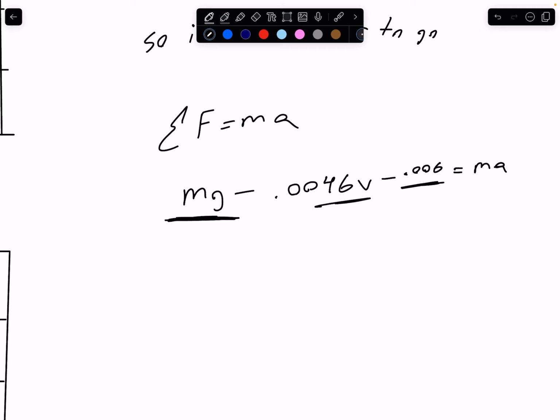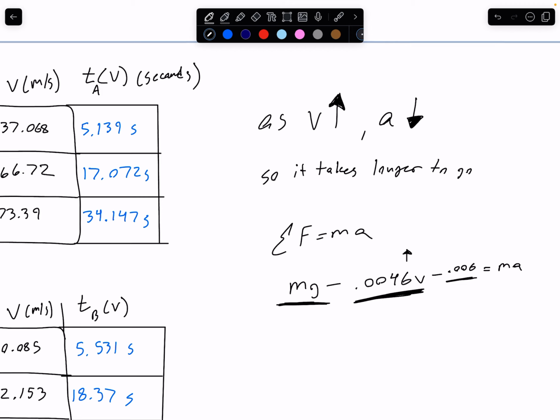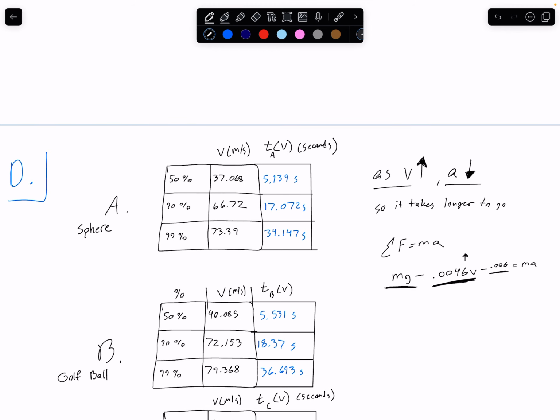As velocity increases, the left side ends up getting smaller. If the left side gets smaller, then once you divide by the mass, you'll realize that the acceleration is also getting smaller with time. So as V increases, acceleration decreases. So it takes longer to go between stages, or just between speeds.